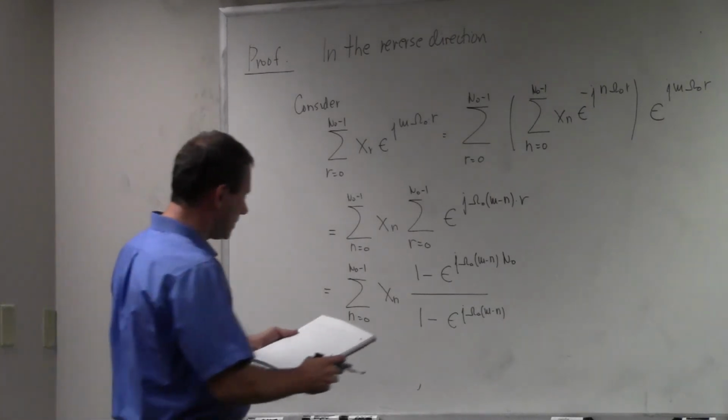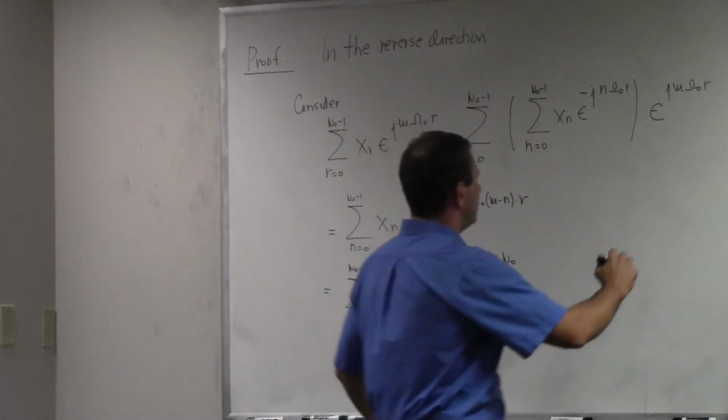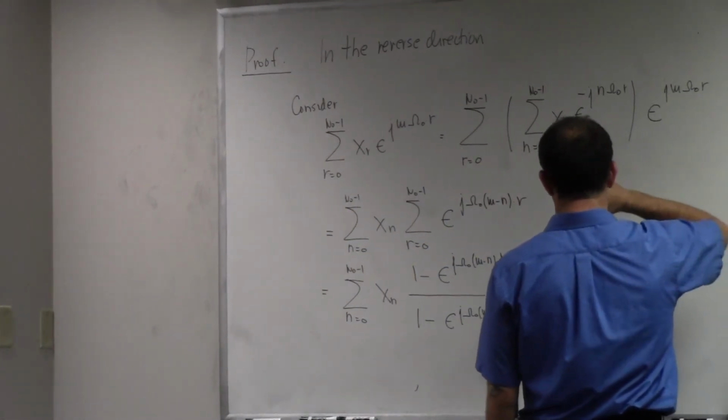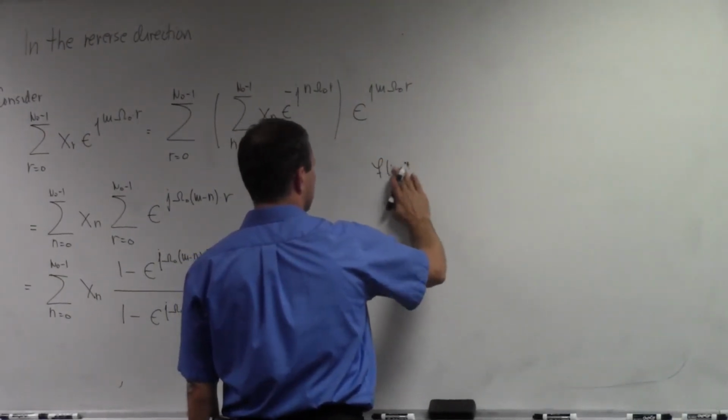So let's take a look at just this term here. I'm going to call that f of m minus n.